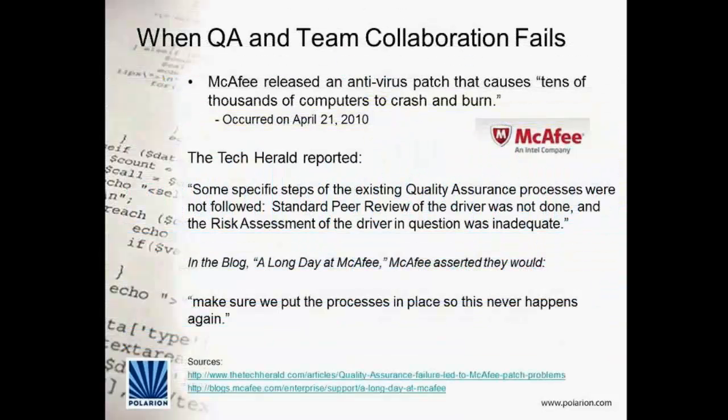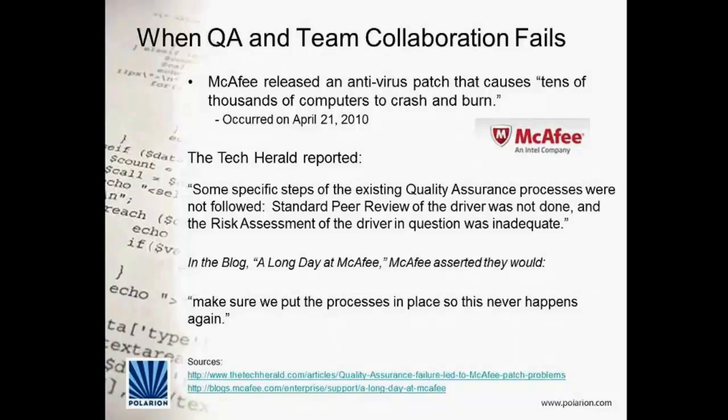So right now I'd like to present a quick case study on why QA and team collaboration are so important and what can happen when they fail. In early April 2010, McAfee released an antivirus update that caused tens of thousands of computers to crash and burn. This was a huge inconvenience for not only their systems, but also all of their customers.